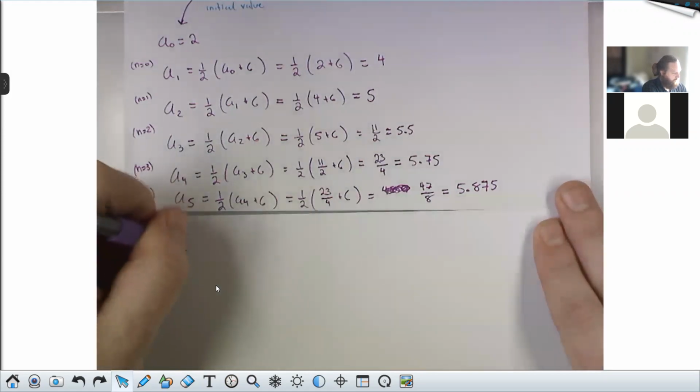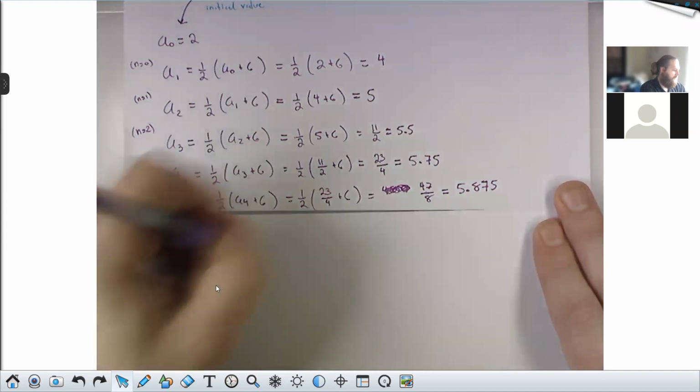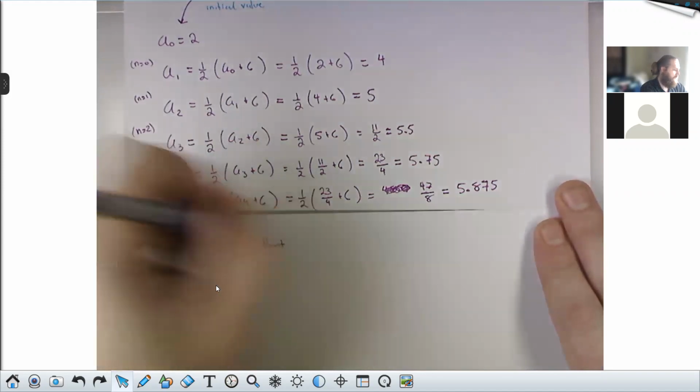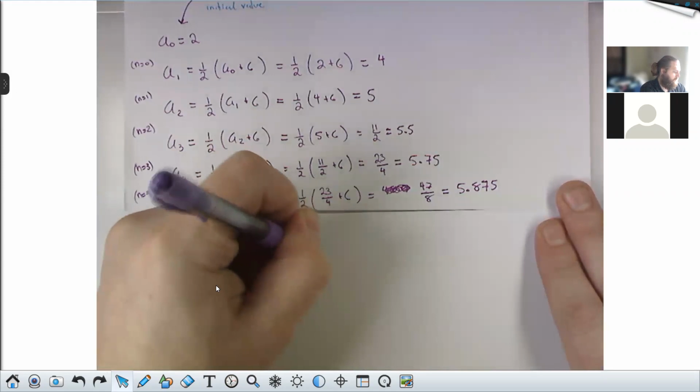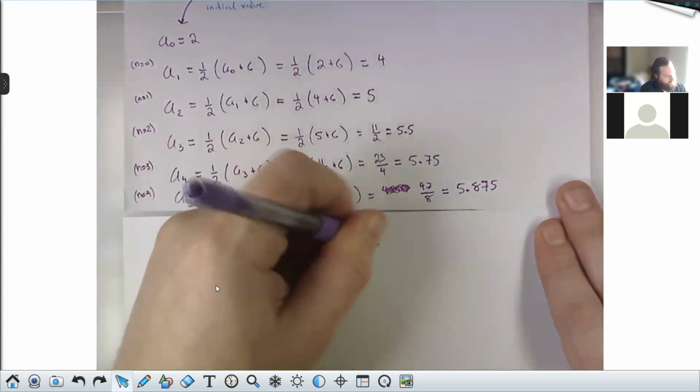It appears that the limit as n goes to infinity of a_n is 6.